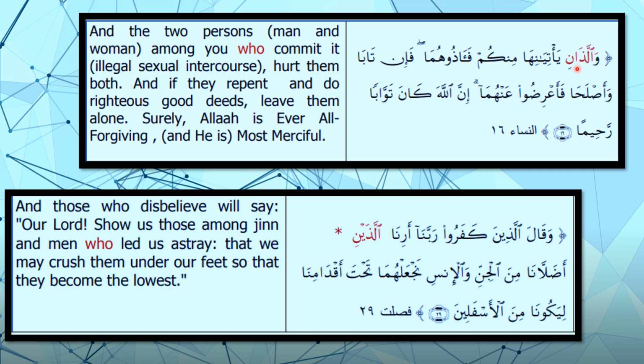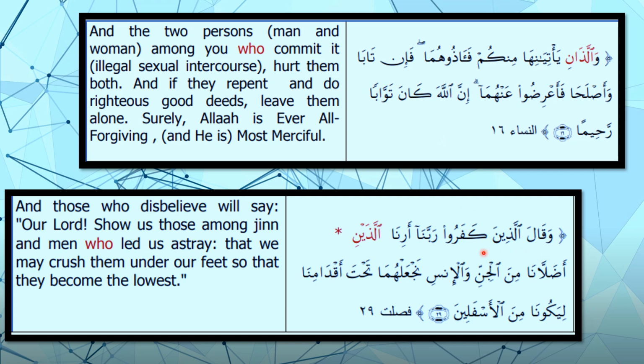Alif wa noon. Ya'tiyani. So this is the verb coming, and we have our jumlatus sila here. Minkum fa'adhuhuma, and fa in, this is in, it's a particle of condition. If fa'in taba wa aslaha, if they repent, those who have done sin, if they repent and correct themselves, then leave them alone, and inna Allah kana tawwaban rahim, inshallah Allah Ta'ala will forgive.